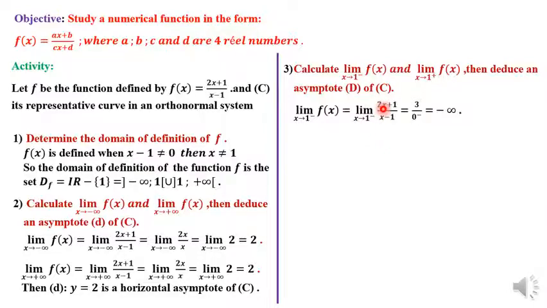We replace x by its value. We get 3 in the numerator and 0 in the denominator. Why 0 minus? We have x tends to 1 minus, so x is smaller than 1. Then x - 1 is smaller than 0. The sign of x - 1 is negative, so we have 0 minus.